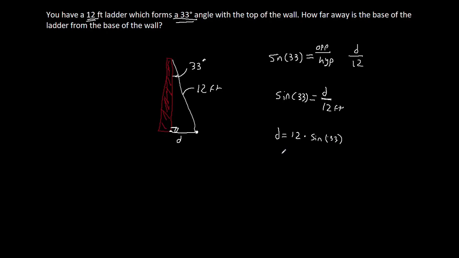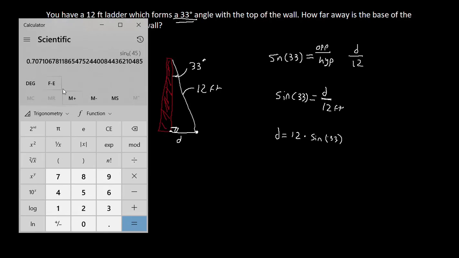So now we're going to do that multiplication. Again, I don't know what the sine of 33 degrees is off the top of my head, so we can pull out our scientific calculator here. We can clear what we were working on before, and we can enter the 33, that's this angle here. Make sure that our calculator is in degrees.